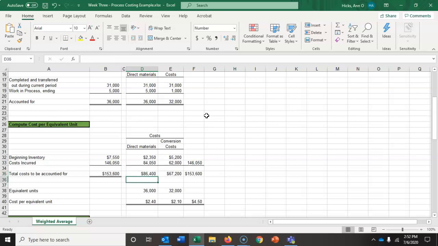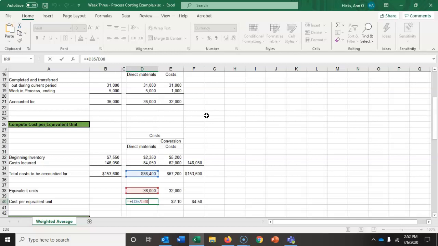So for direct materials, we will pull the equivalent units of 36,000 down, and then we will divide the 86,400 by the 36,000 equivalent units, and that gives us $2.40 per equivalent unit for materials.